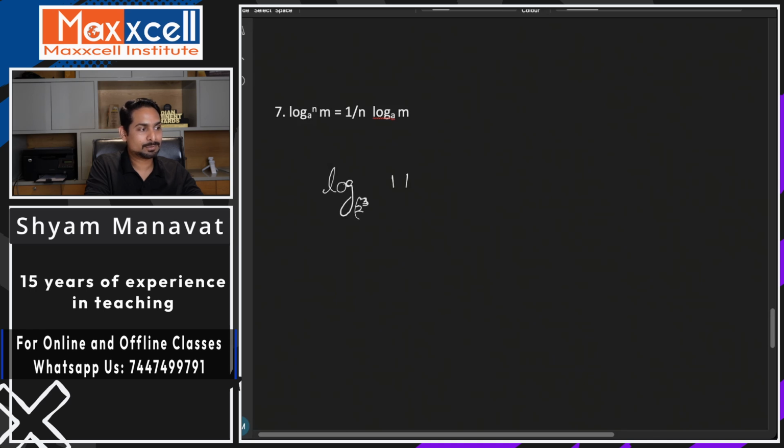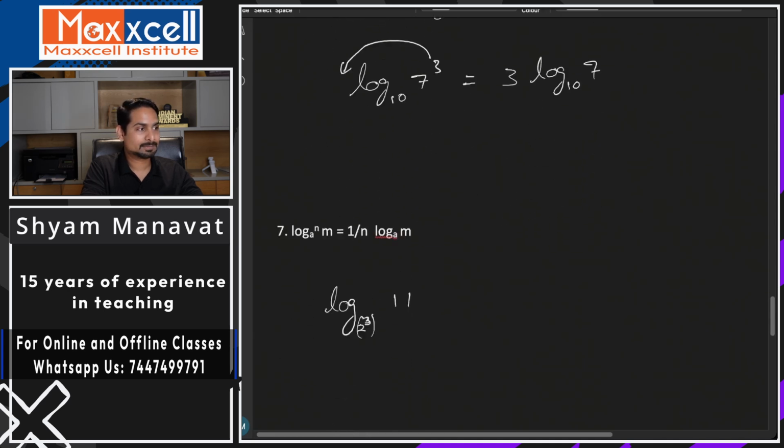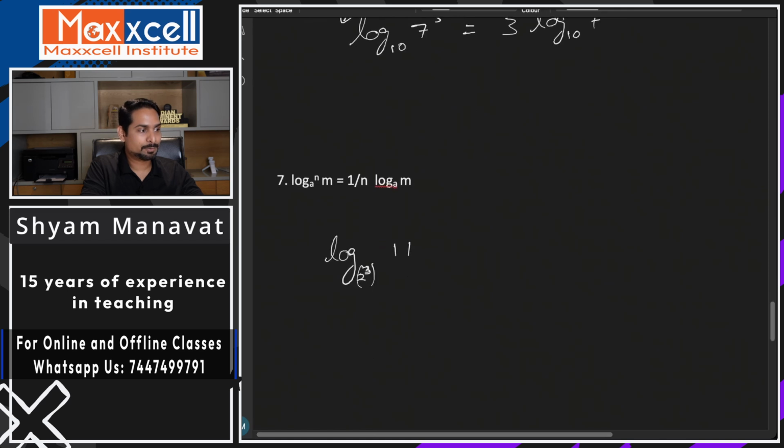This 2 base having a power is different from the number inside the log having the power. If you have some power of the base, then this power, cube, will come as the denominator. That means log of 11 base 2 as it is, and this 3 will come over here.